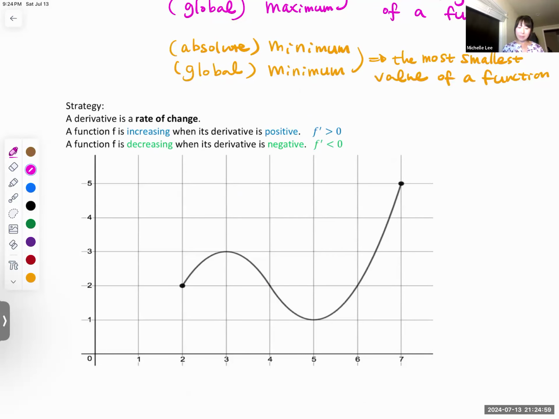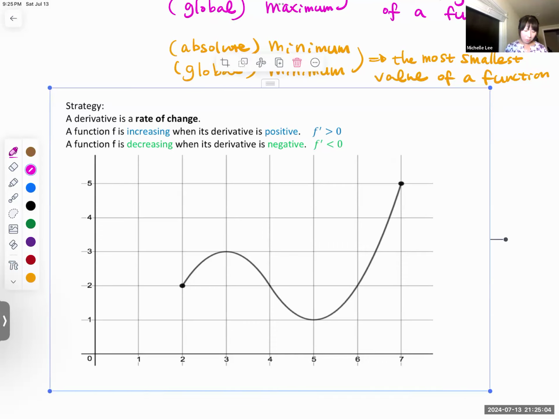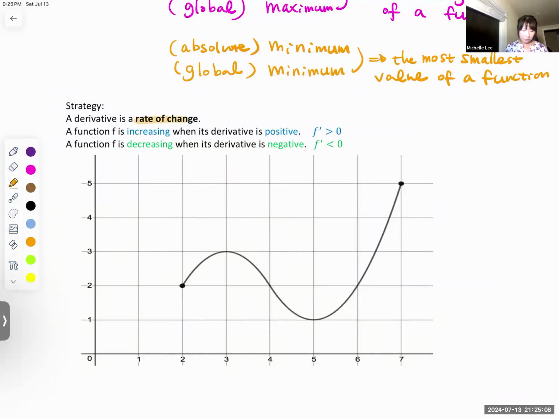The derivative is rate of change. We know that, right? Derivative is rate of change, and rate of speed is the same thing.